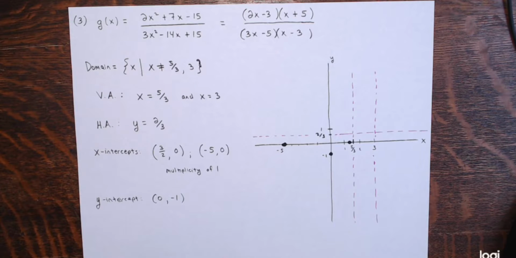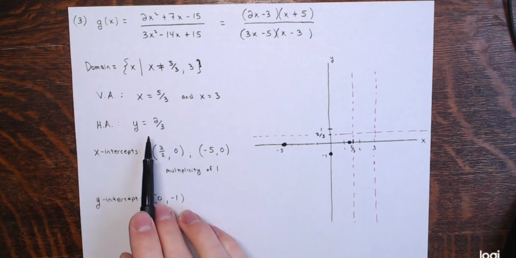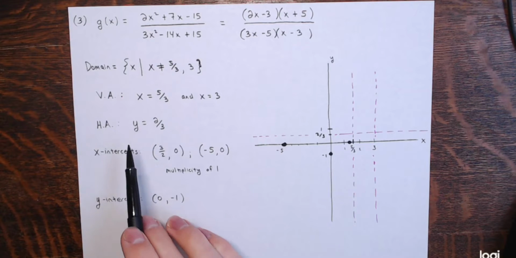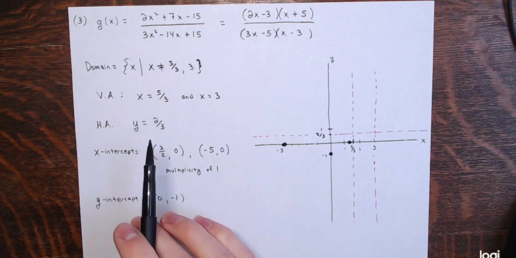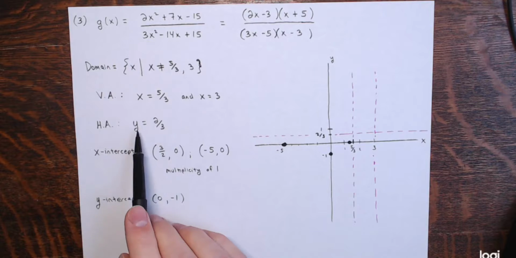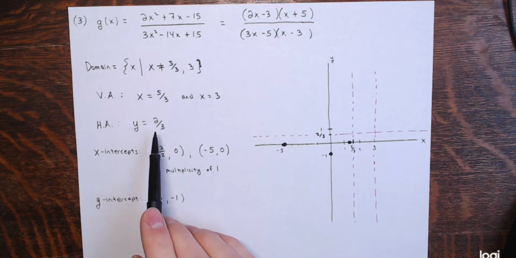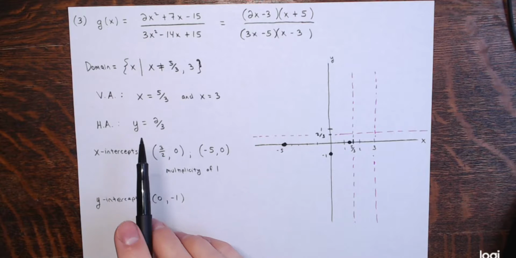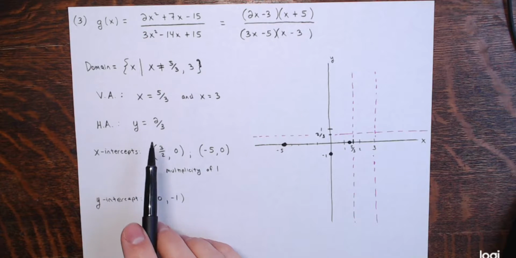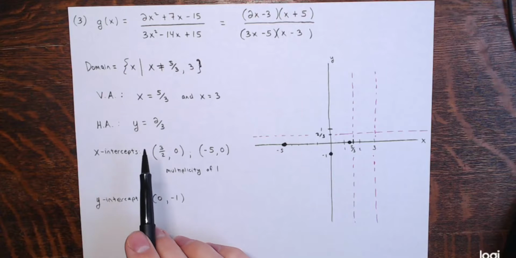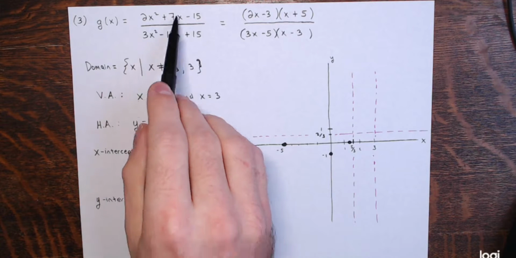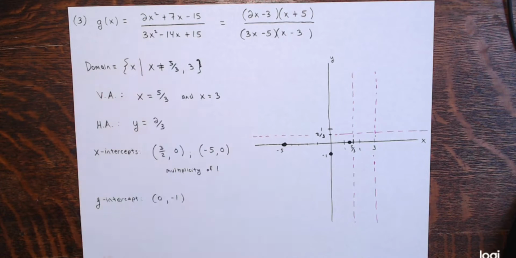Alright, so now, remember I said earlier, there will be some scenarios where you think, hey, this thing probably is going to cross the horizontal asymptote or the slant asymptote. So how do you figure out where that happens? Well, unfortunately, sometimes you gotta perform a little division. Basically, where is this going to be equal to 2/3?